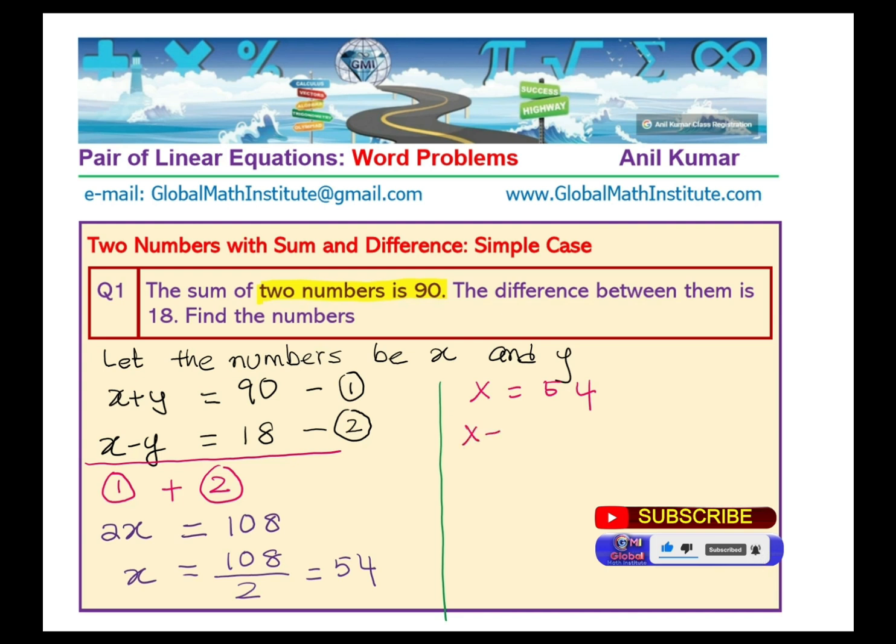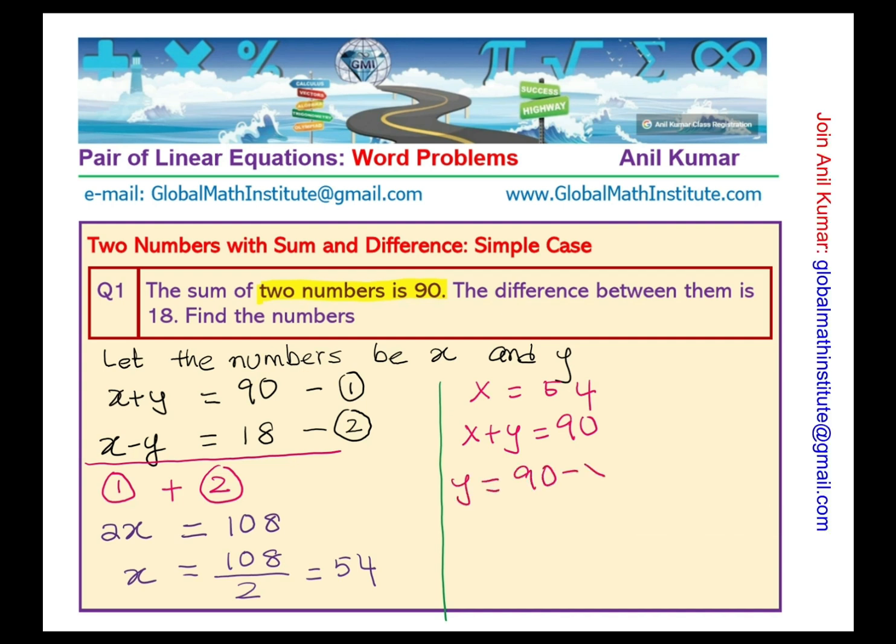So we know that x plus y equals to 90, means y is equal to 90 minus x, which is 90 minus 54. And so we get the value of y, which is 10 take away 4 is 6, 8 take away 5 is 3, 36.